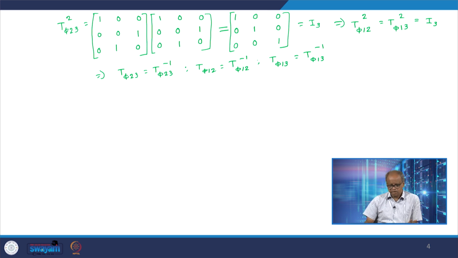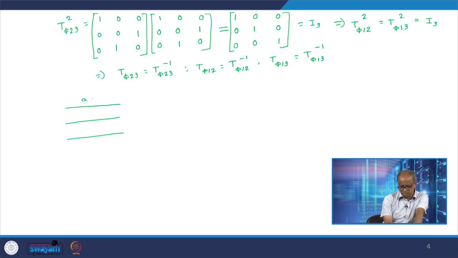Now, let us see what the application of this is. How do I utilize these matrices for the analysis of our lines? Let us consider a case where I have three conductors, phase A, phase B, phase C, at position 1, position 2, position 3.